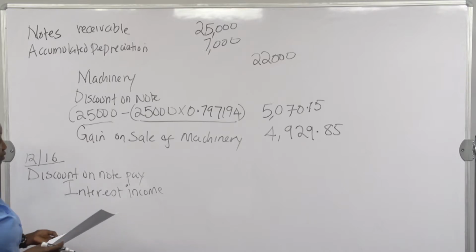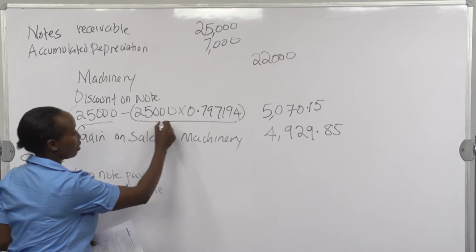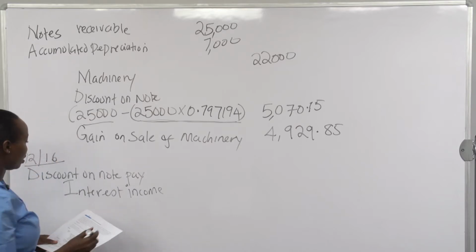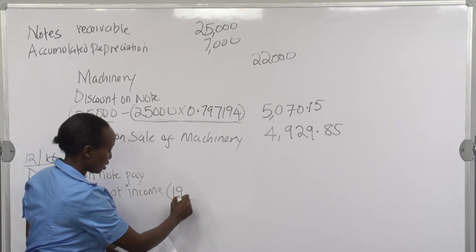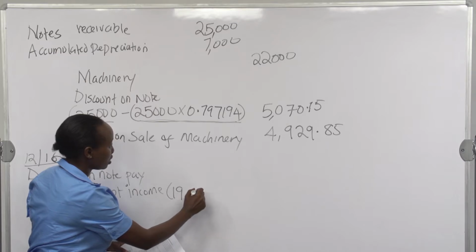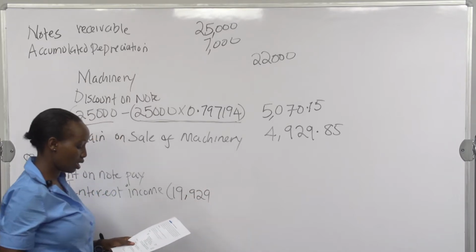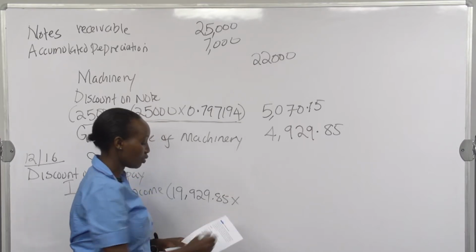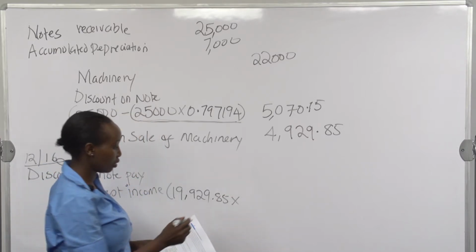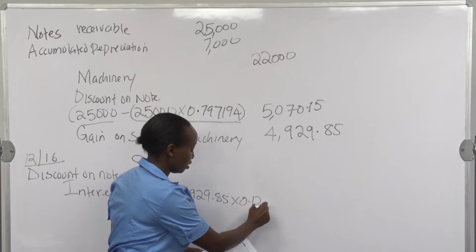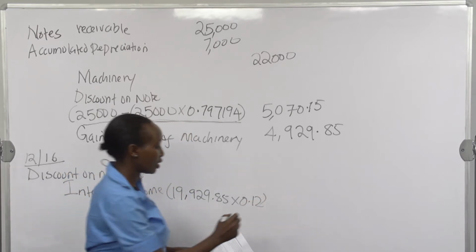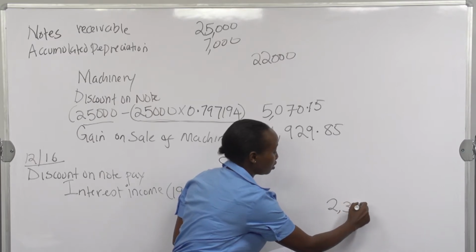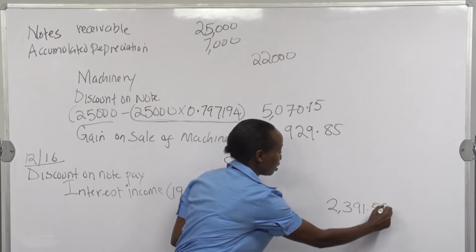That's the present value from this computation, which is 19,929.85. We calculate interest based on the 12% rate, so times 12%, that gives us $2,391.58.